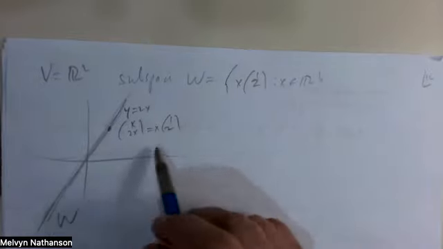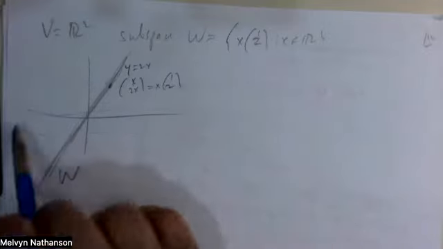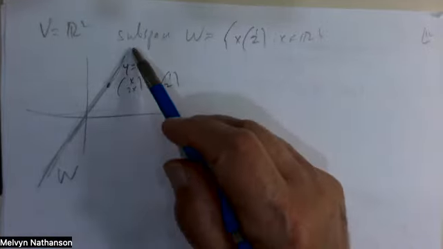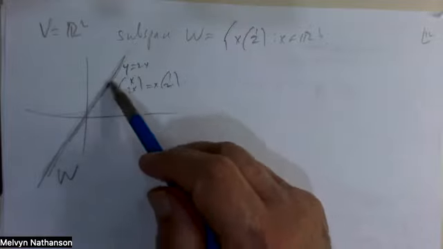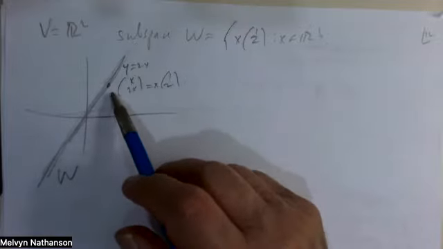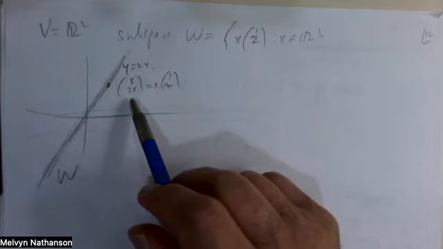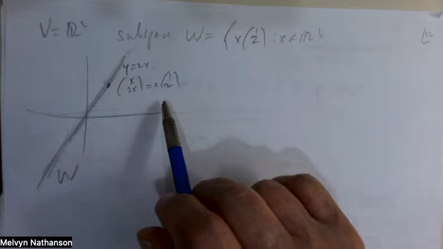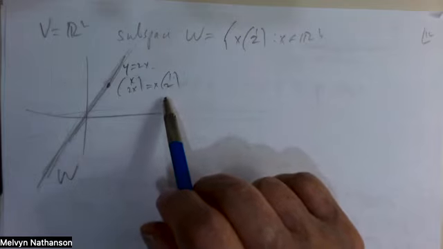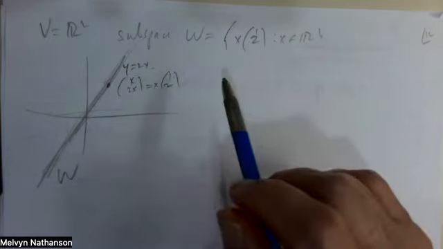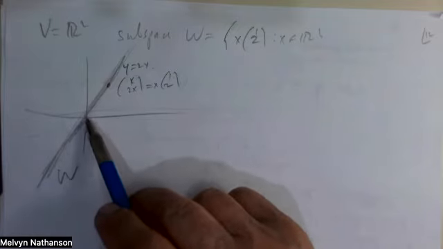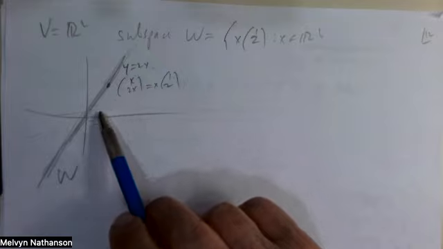So here's a nice picture of your vector space R2. I take the line y equals 2x, all the points on that line, write it as a vector x, y, but y is 2x, so it's x, 2x, or x times the vector 1, 2. That's a subspace, whose y-intercept is 0.